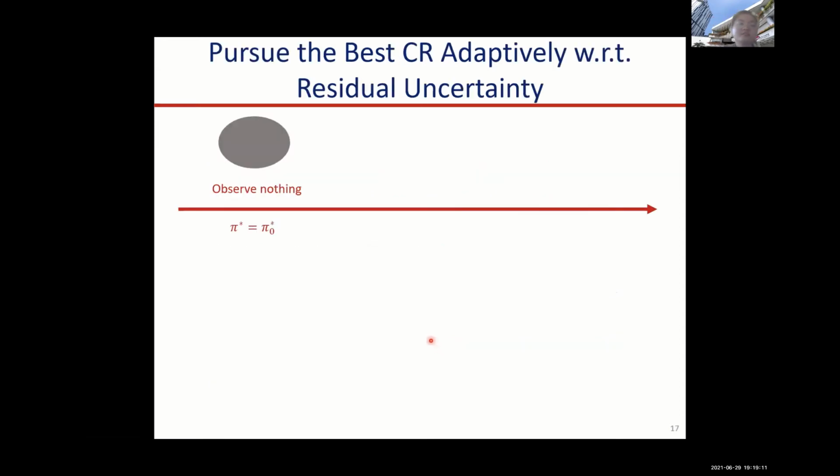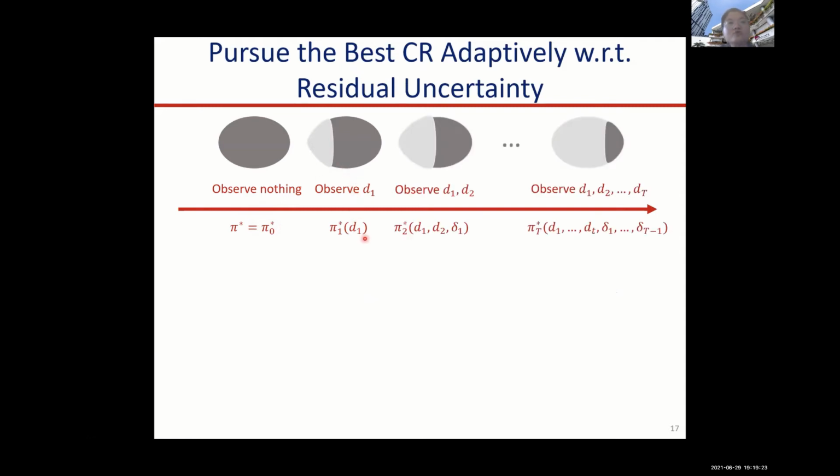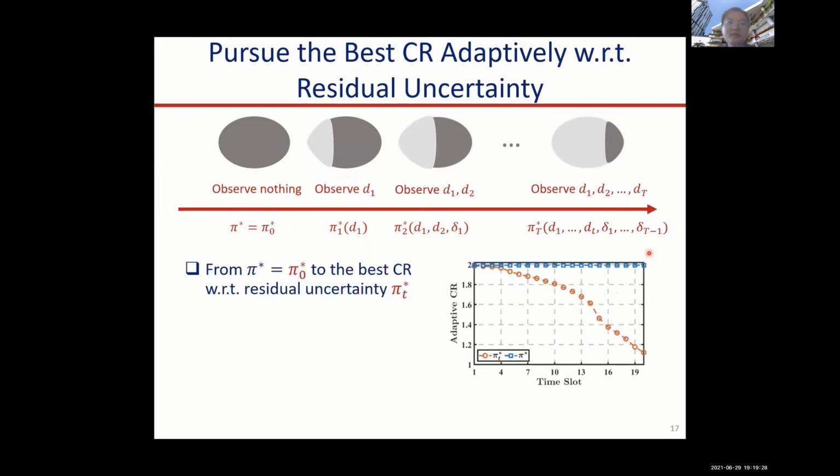The answer is yes. If we observe none of the future net demands, we can only pursue the best possible competitive ratio we compute beforehand. However, as time goes on, we observe more data, we should pursue a better, smaller ratio. This is called the best competitive ratio with respect to residual uncertainty.